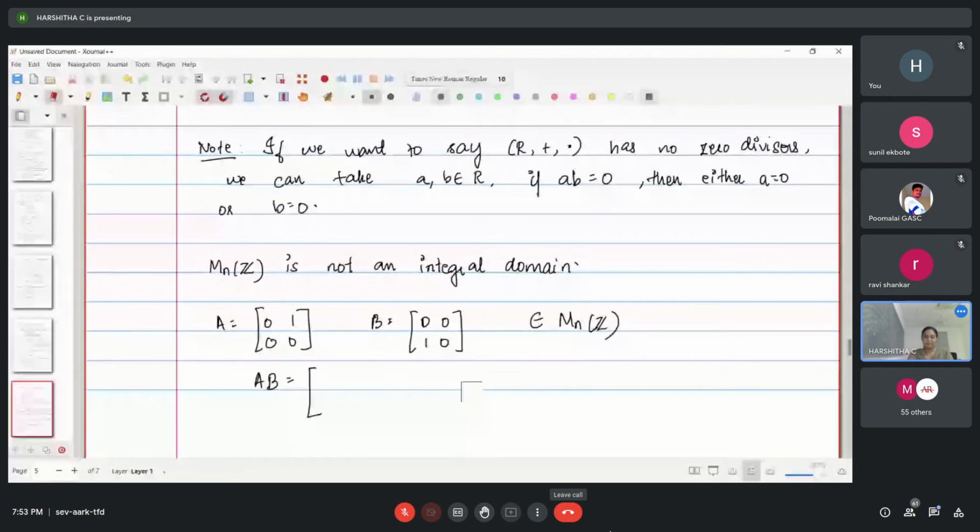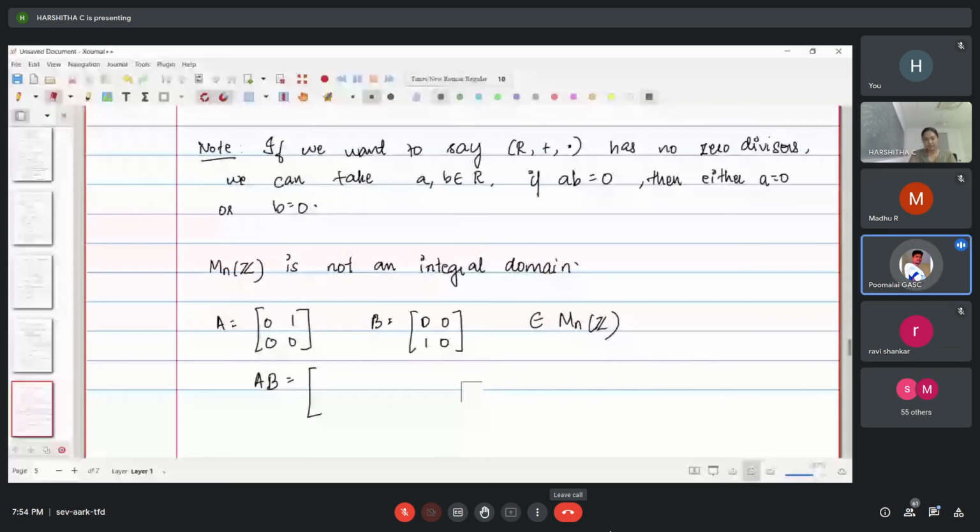It's almost right. Instead of the second row, if you put it in the second row you will have a problem because of this one, so just put it in the first row. Now you look at AB, it is the 0 matrix.